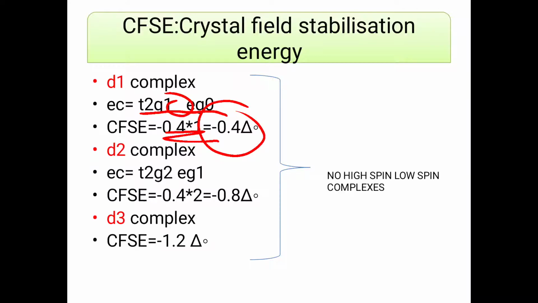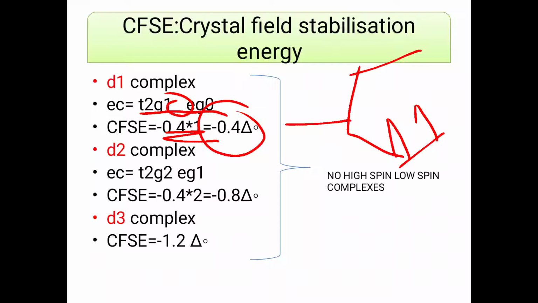For the d2 complex, it splits like this. You have your dxy, dyz and dzx here. So 2 d electrons are there, one will be here, the other one will be here. Just remember, it doesn't pair up, it fills singly first, and later on based on the ligand it will either pair up or it will go on top. That I will explain later. So for d2, this is the way they fill the electrons.